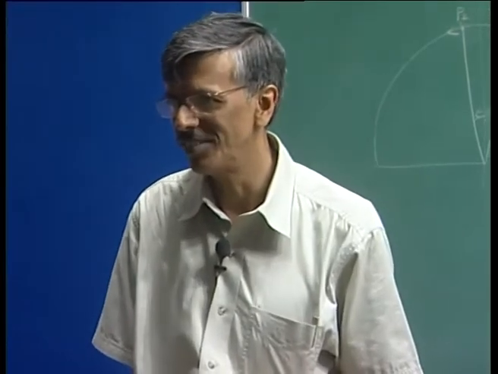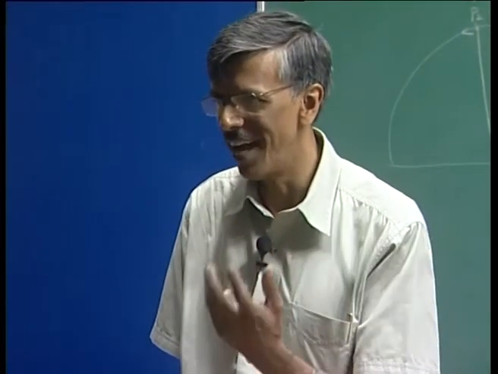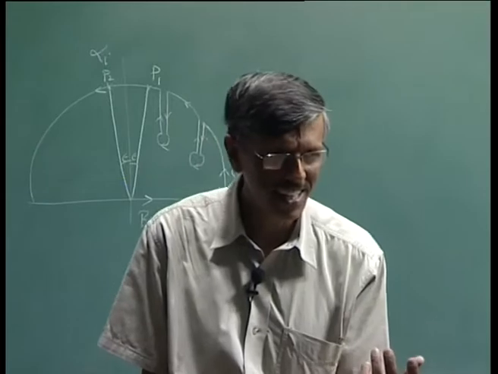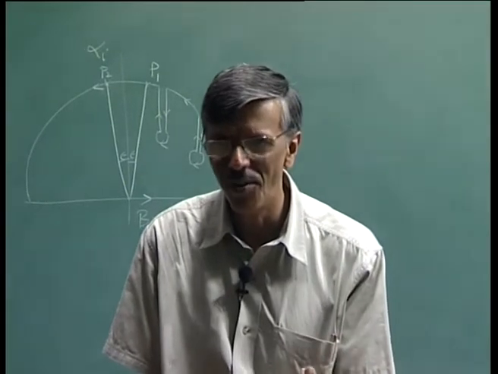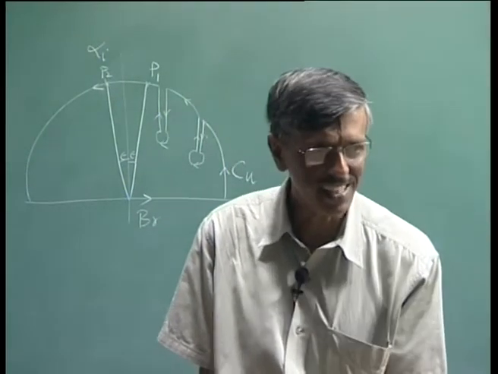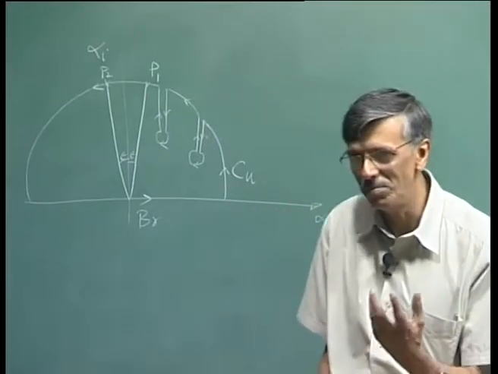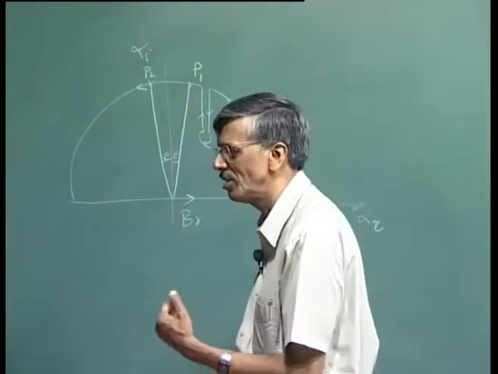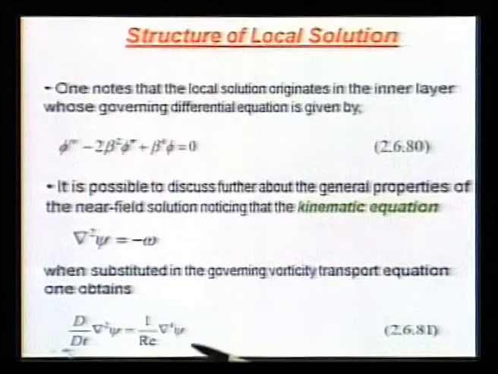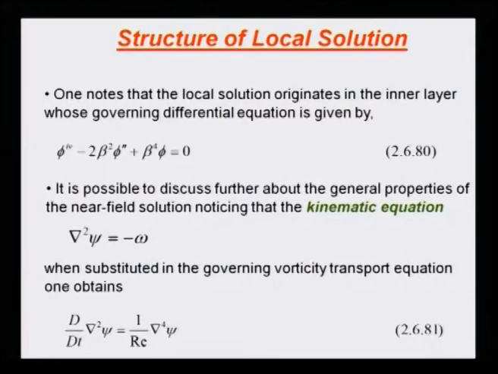Locally the solution behaves like the flow has Re going to 0. That's it. That is the nature of your local solution. The local solution is given by the Stokes solution. That's what we call the Stokes solution, right? Re going to 0.